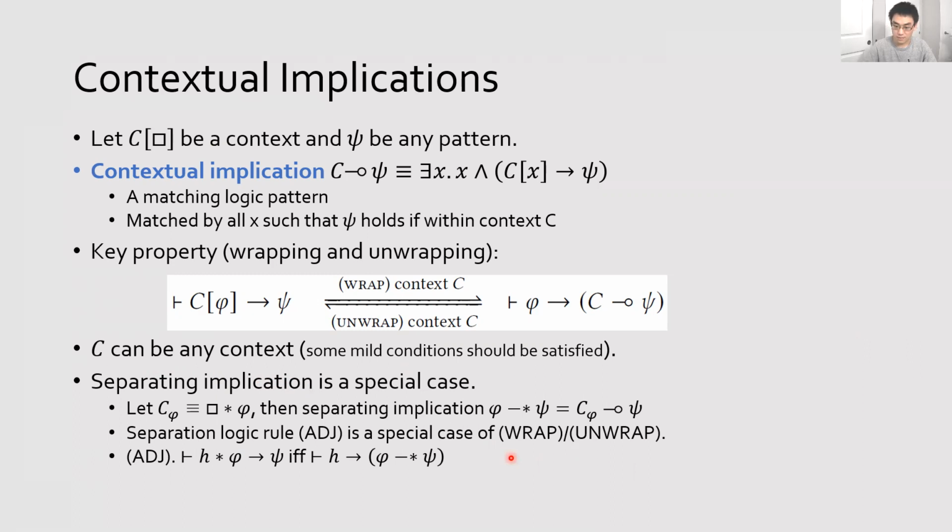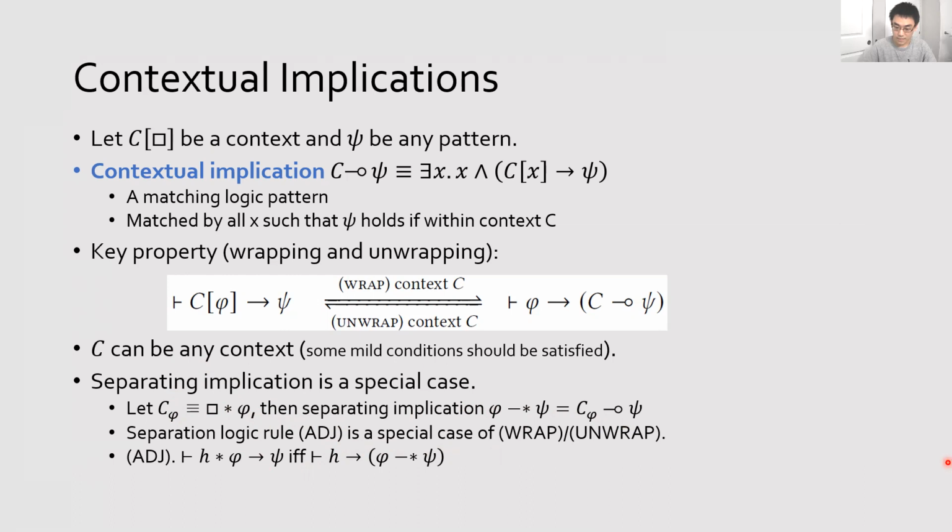The magic wand is a special case of contextual implication. Indeed, if we let C phi be this context about heaps, then the magic wand is the same as the contextual implication semantically. And also, the proof rule ADJ in separation logic is a special case of the wrap-unwrap proof rules.